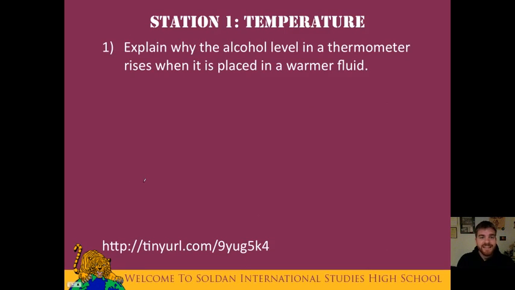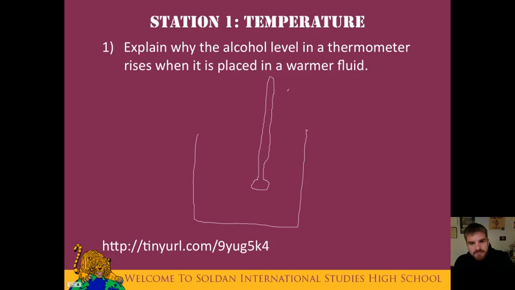First question here says, explain why the alcohol level in a thermometer rises when it is placed in a warmer fluid. So if we think about, let's say we have a beaker here with some warm water, and inside this beaker is a thermometer. Well, at the bottom of the thermometer is the bulb, and remember that this bulb has a very thin glass outer shell.